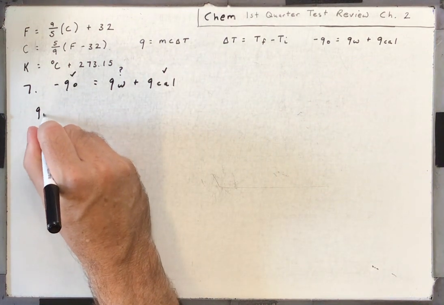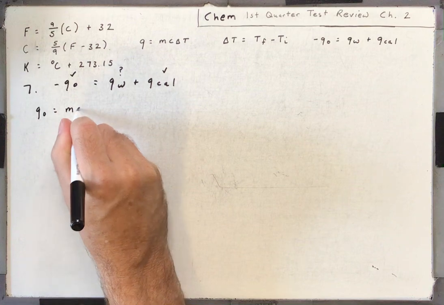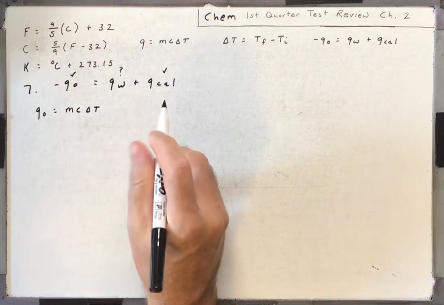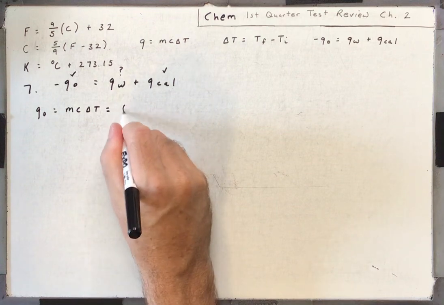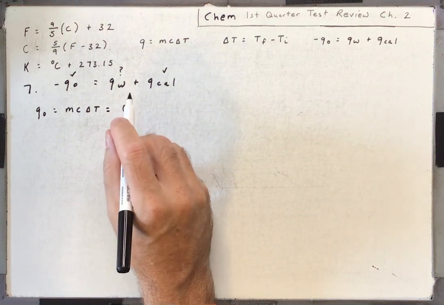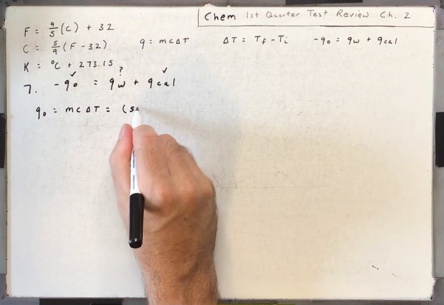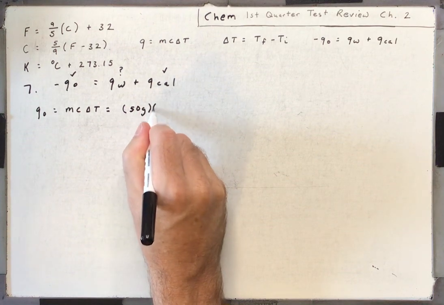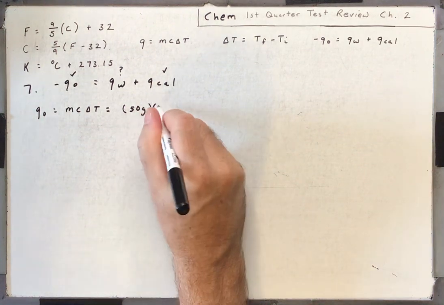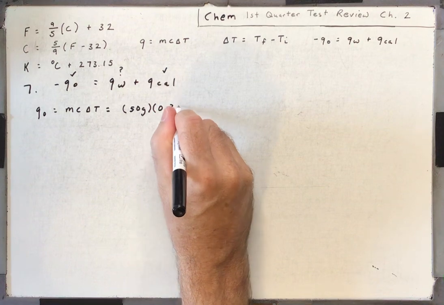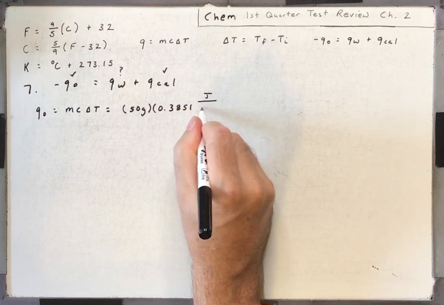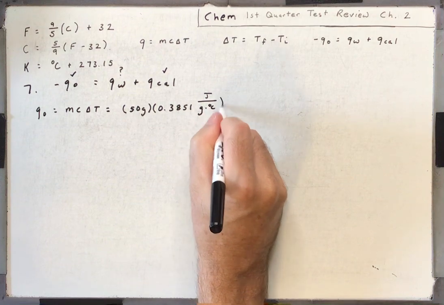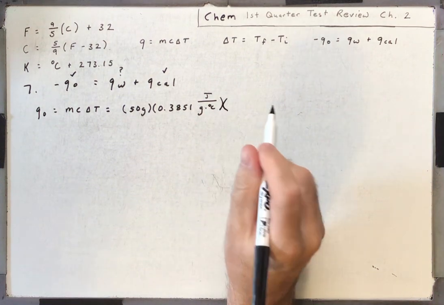So the Q of the object is mc delta T. Now we'll get minus Q of the object later just by making it negative, but the Q of the object is the mass of the copper, which is 50 grams, times the specific heat of copper, which is 0.3851, and then the change in temperature.